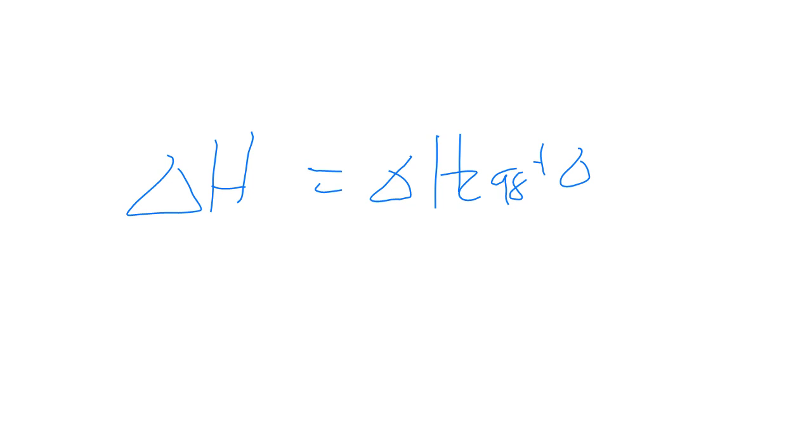If I consider my equation for delH, which is equal to delH 298 plus delCp times the temperature minus the reference temperature, a few things will affect how sensitive it will be to this variation.